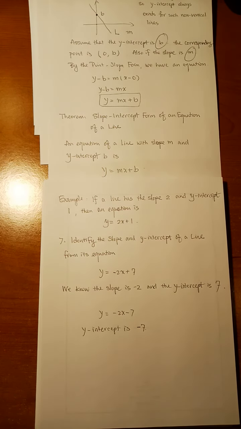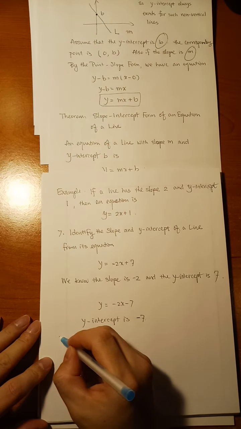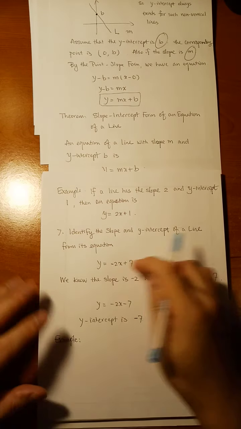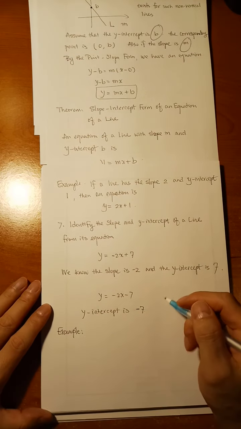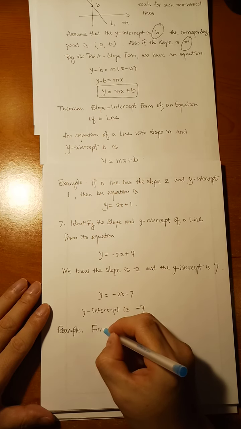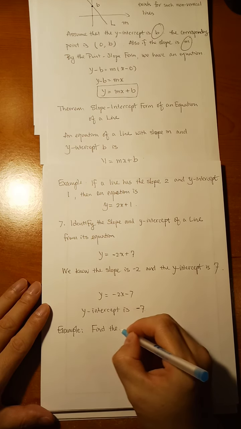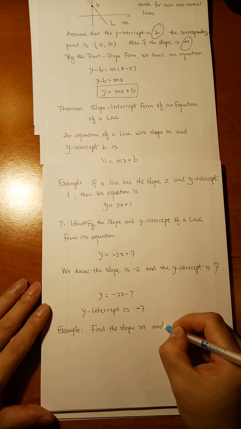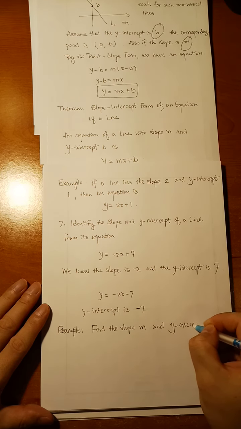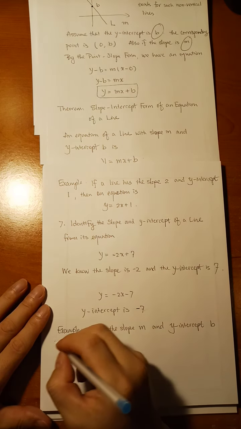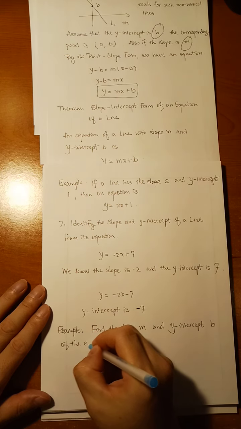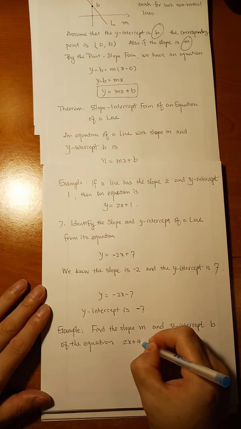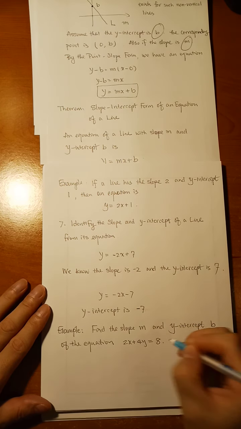All right. Now let's see an example. Of course, in an example, the equation of the line is not directly given like this. So find the slope m and y-intercept b of the equation 2x plus 4y equal to 8.